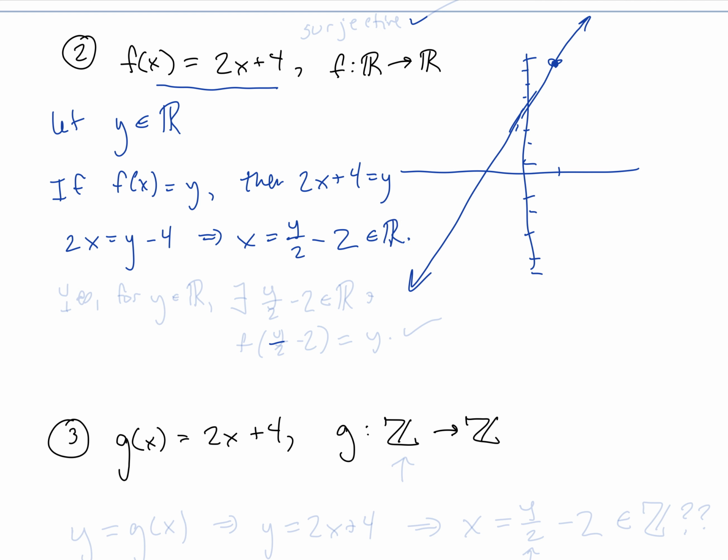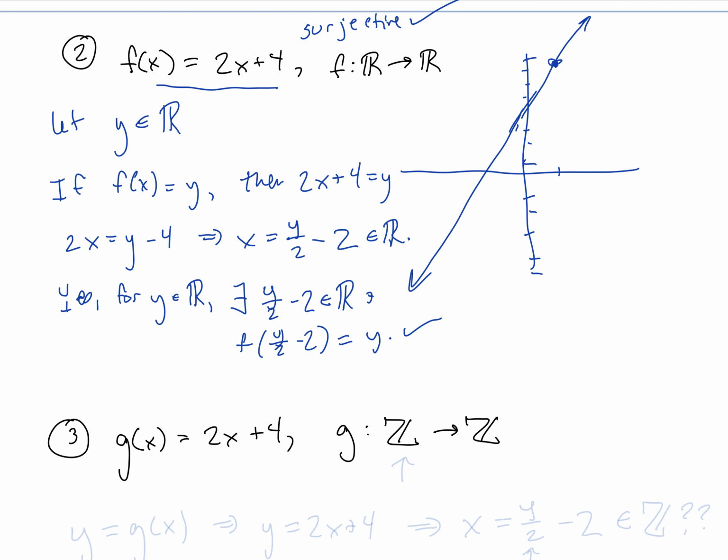So that tells us that, yes, for y in the real numbers, there is this x in the real numbers, y over 2 minus 2, such that f of y over 2 minus 2 is equal to y. So yes, this is a surjective function.